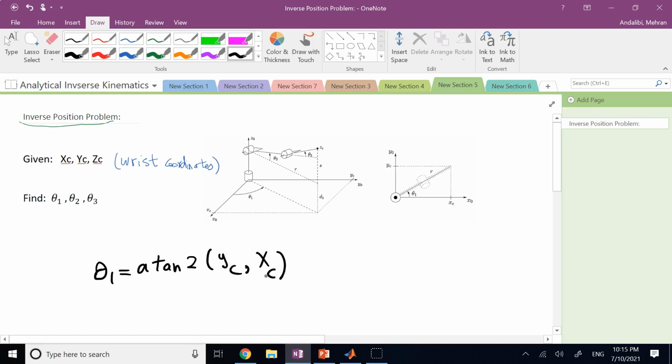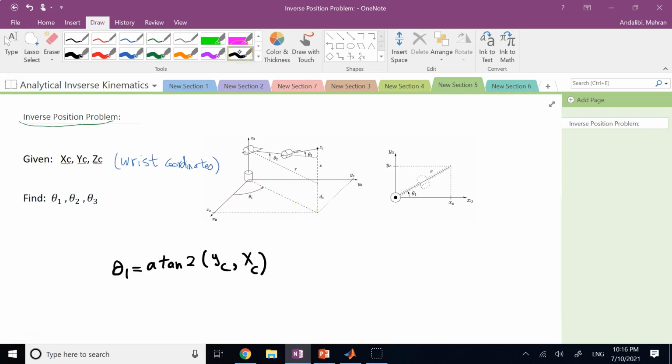Done. Just as simple as that, I can get my theta 1 just like that. Why? Because it is in this right triangle. Perfect. That's theta 1.